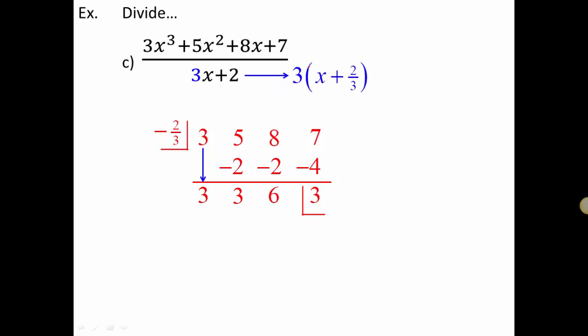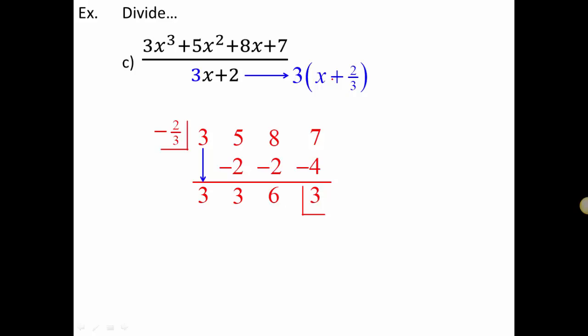Remember that factoring is the same thing as division. When you factor something out, what you're really doing is dividing the original thing by that which you are factoring out. So when I divide 3x by 3, I'm left with x. When I divide 2 by 3, I'm left with 2/3. Notice if I redistribute 3 times x, 3 times 2/3, I get right back to my original. This is always possible, but rarely is it useful.